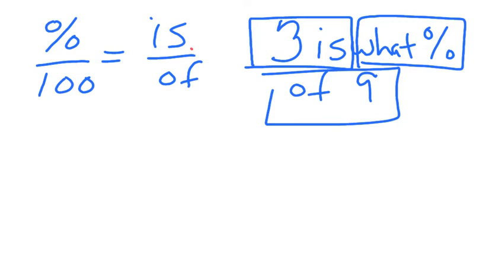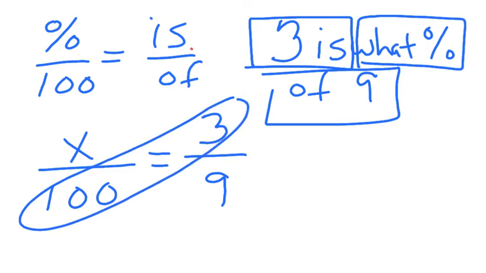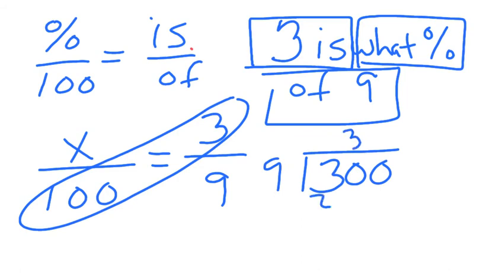So what's the percent? That's your x. That's what we're looking for. 100's always here. 3 is. 9 is of. Then remember, cross multiply and divide by the leftover. So 300 divided by 9. 9 times 3 is 27.